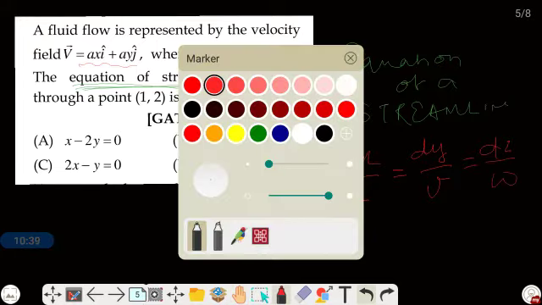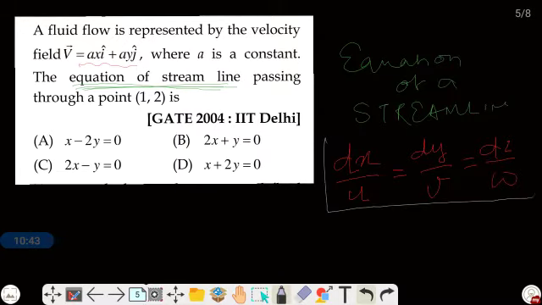So this is the equation of a streamline.